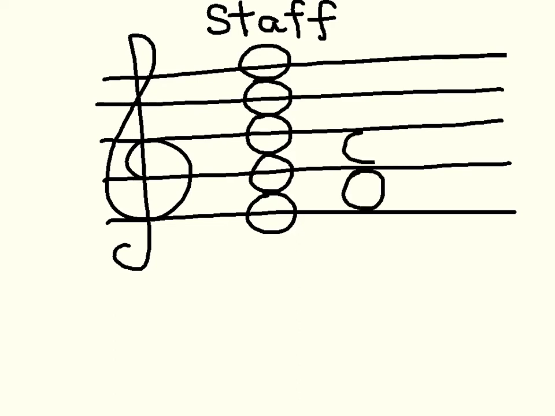Our space notes, also labeled from the bottom of the staff to the top, are F, A, C, and E. We remember face, that'll help us a lot.